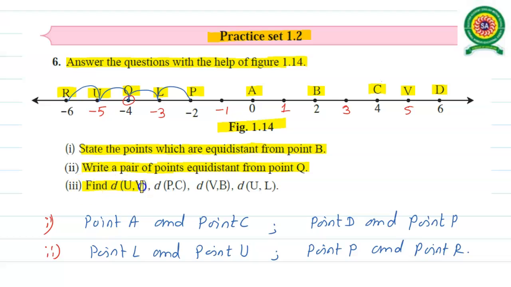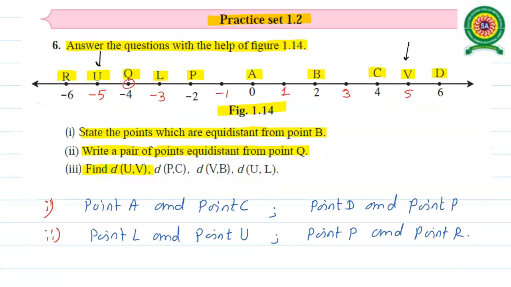Now look at the next one: find the distance of UV. Look at points U and V. U has the coordinate minus 5 and V has the coordinate 5. Among them, which is the greatest number? That is 5.